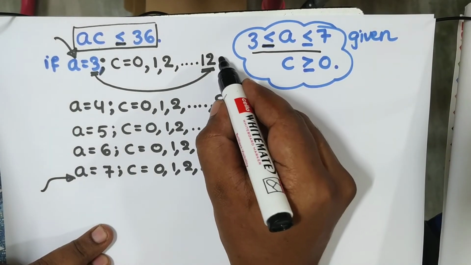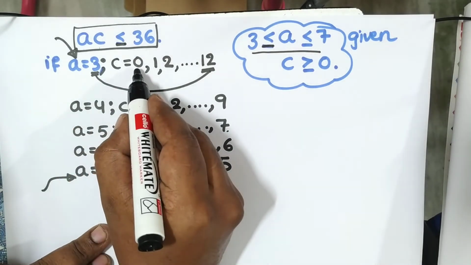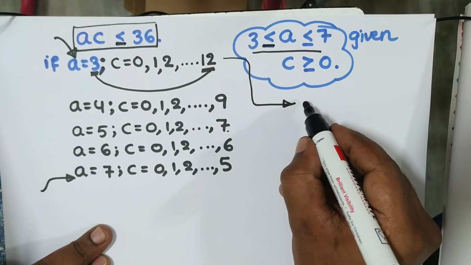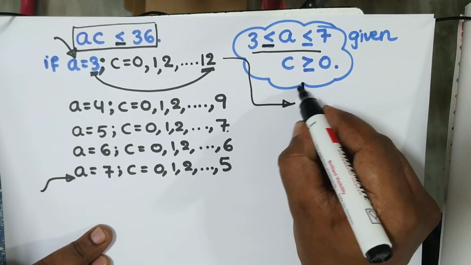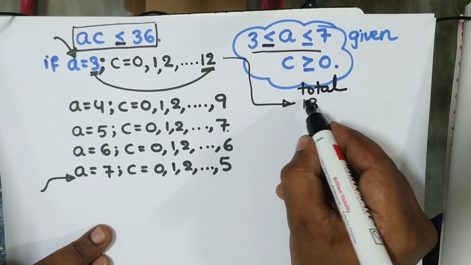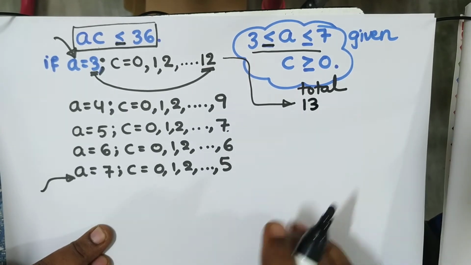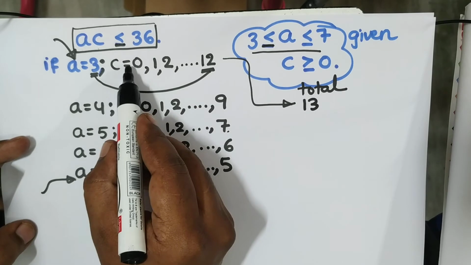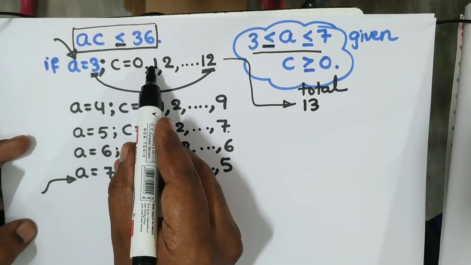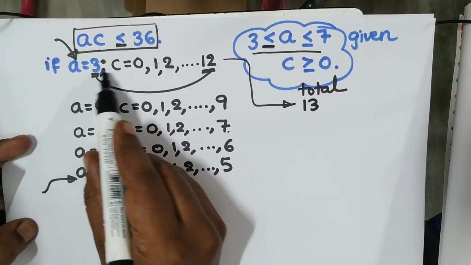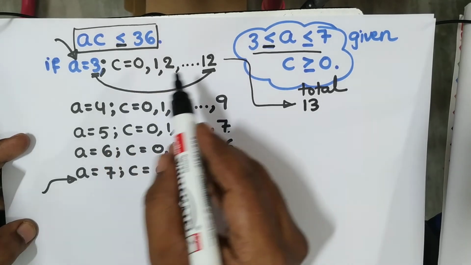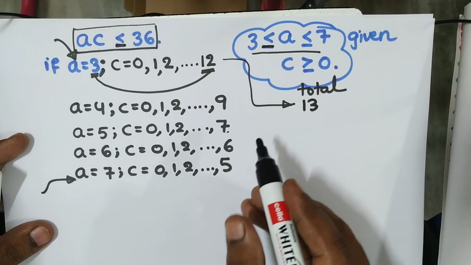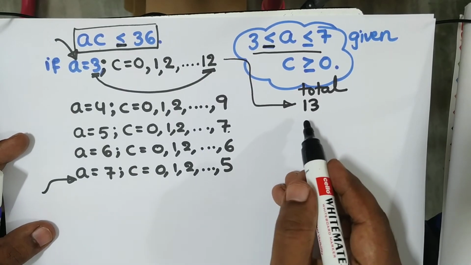This one, A is equal to 3, C equal to 0, and so on. So how many can we get from this? Total 13, right? So you have 13 cases or 13 chances of getting this. How? 3 into 0, chance 1, 3 multiplied by 1, chance 2, 3 multiplied by 2, chance 3, and so on, 3 multiplied by 12. So you will get 13 cases like this.